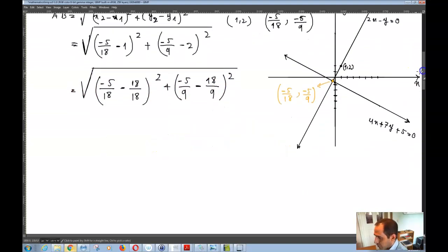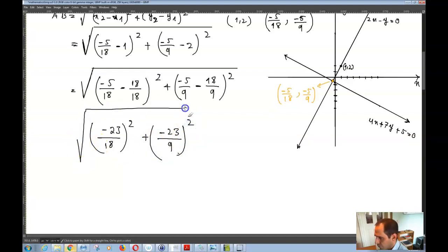And then we can do this calculation. Negative 5/18 minus 18/18 is negative 23/18, so negative 23/18 whole squared, plus negative 23/9 whole squared, and take the square root of that.